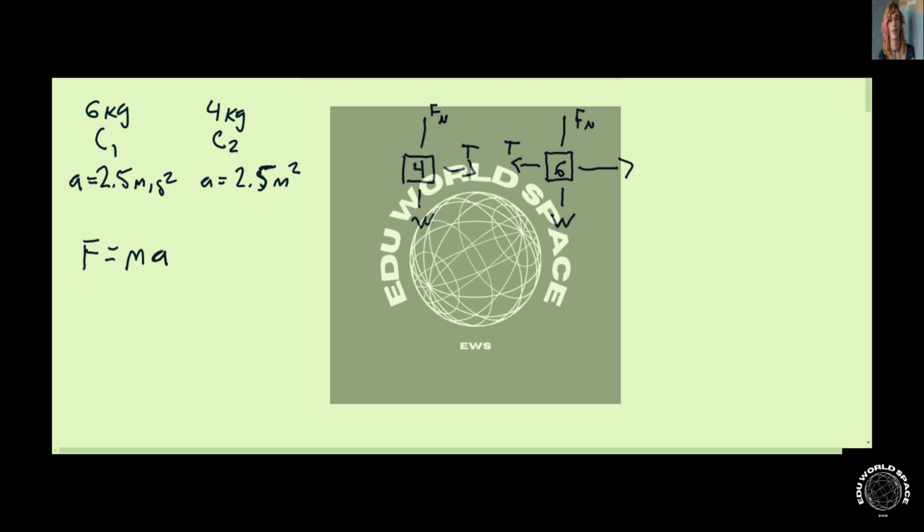So let's put some math to that and figure out what these forces look like. F equals ma. So for here, we would have mass times acceleration, 6 times 2.5. All right, and that's going to give us 15 newtons.